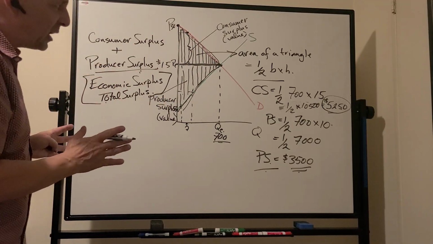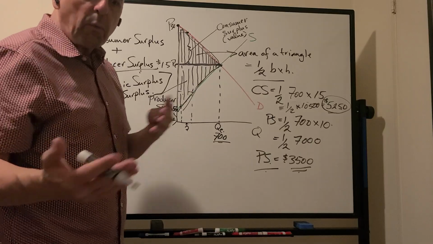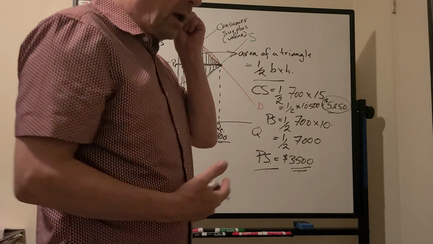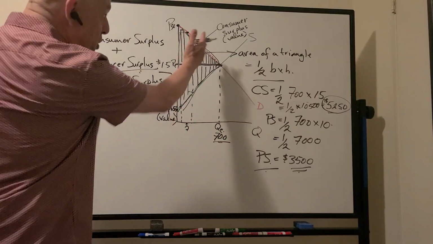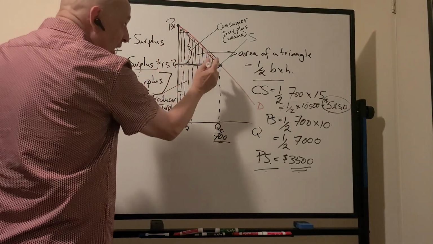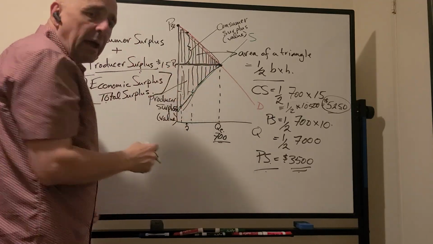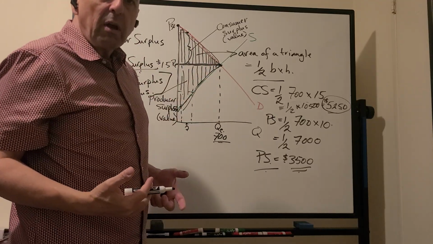And what you can see if you look at this, and we'll look at a couple of examples in the next video of how this might change, is that at equilibrium, we are getting the maximum economic surplus within the market.